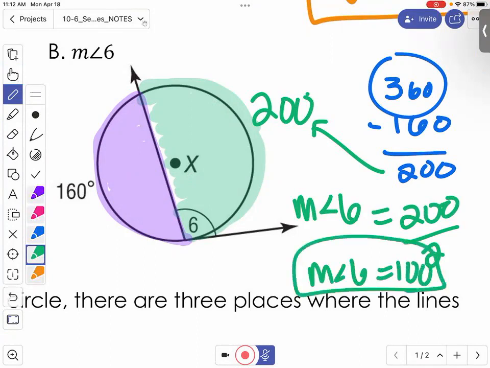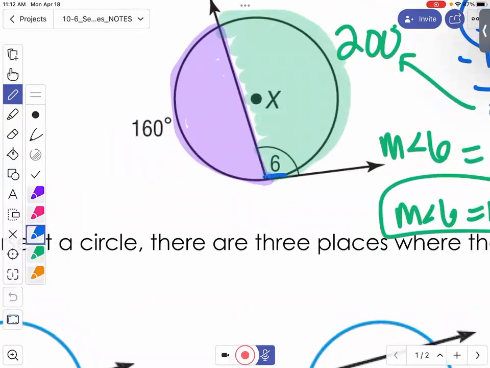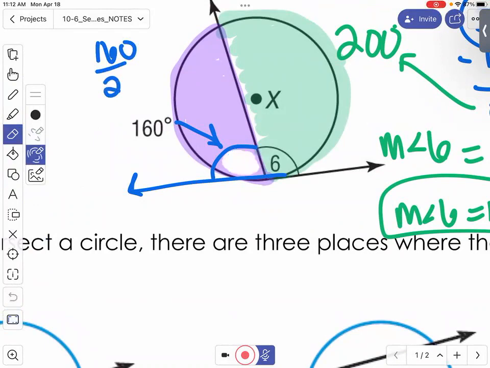Now, again, there is another way we can go about this. If I extend out my tangent line, well, angle 6 and this empty corner are a linear pair and would have to make 180 degrees. And so very much like the previous one, if I take that 160 and divide by 2, that would give me 80 in here for that missing angle.